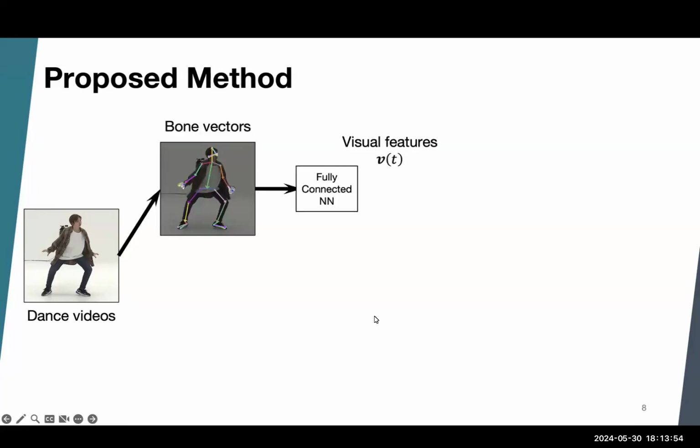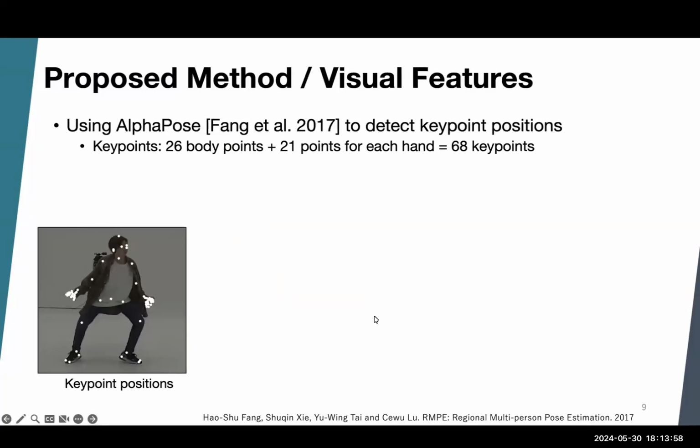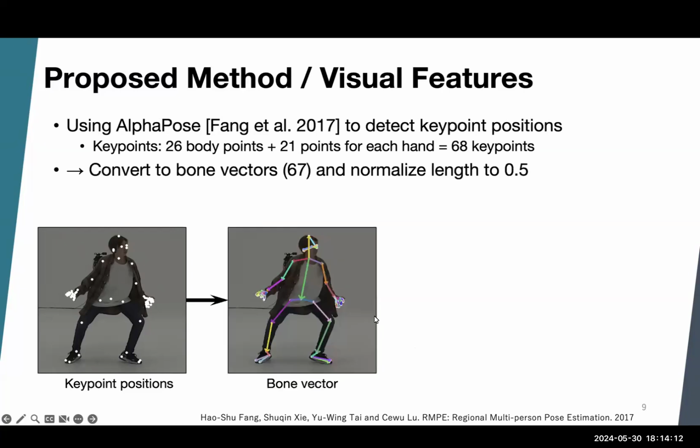First, we calculate the visual and auditory features from the video. For visual features, we begin by using AlphaPose, a pose estimation tool, to detect the key point positions from the video. The number of key points is 68 in total, 26 for the body and 21 for each hand. Next, we derive 67 bone vectors from these key point positions and normalize them to a length of 0.5.